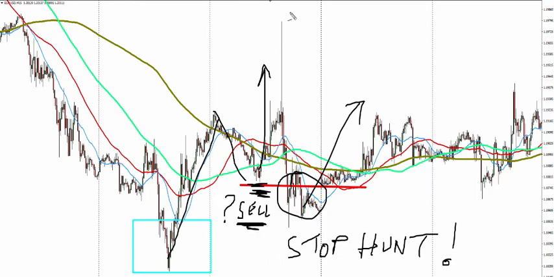So it's not that these people went long because it was a bad decision. It wasn't a bad decision. It was the right decision, but it was also a decision that an institution wanted to take. And if everyone's buying, then they can't get off all of the trading that they need to do. So price gets manipulated back down, and as it stops those traders out, this is that sweet spot.